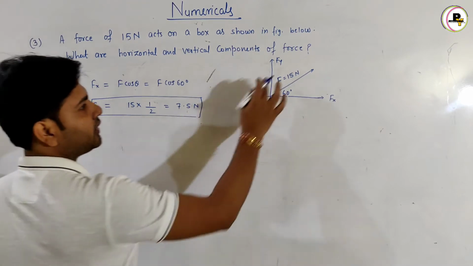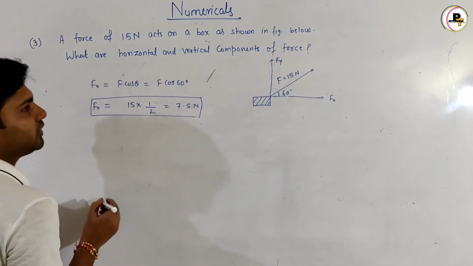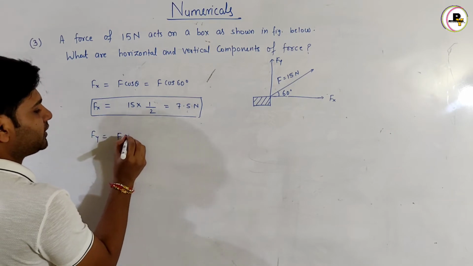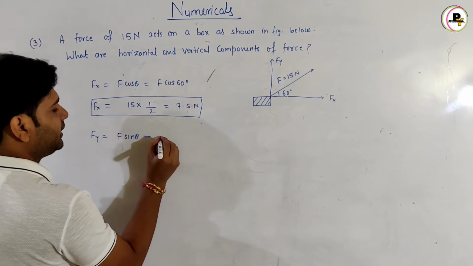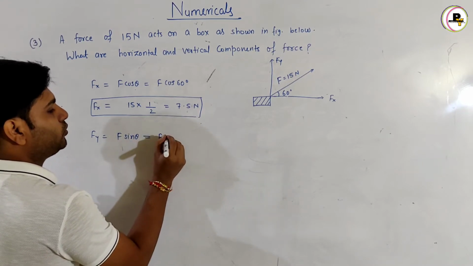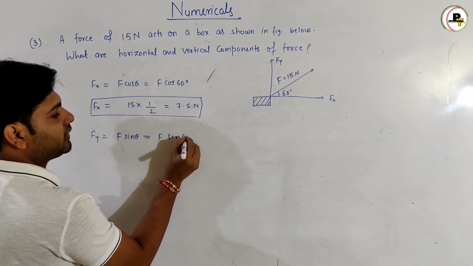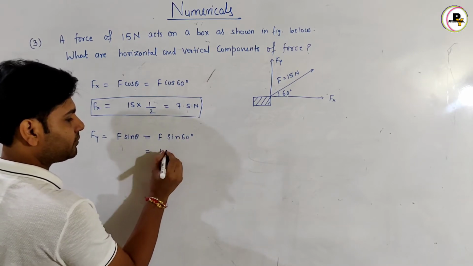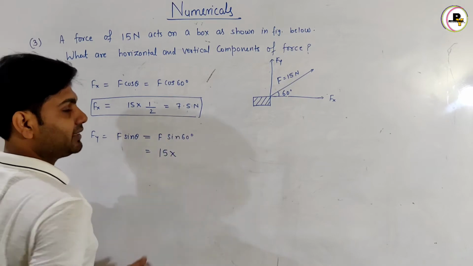And the second one is the vertical component, and the vertical component will be what? Fy is equal to F sine theta, and this is equal to what? F into sine 60, because theta is 60 degrees. Therefore F is 15 into sine 60 degrees. What?